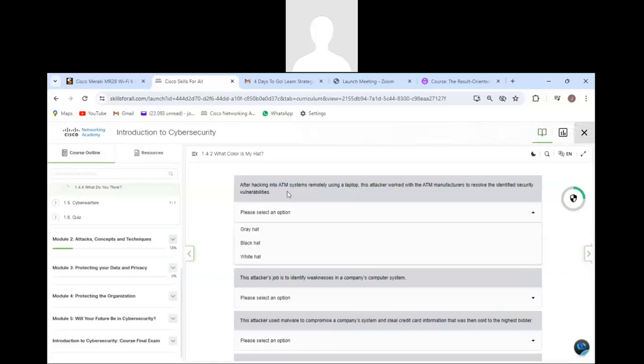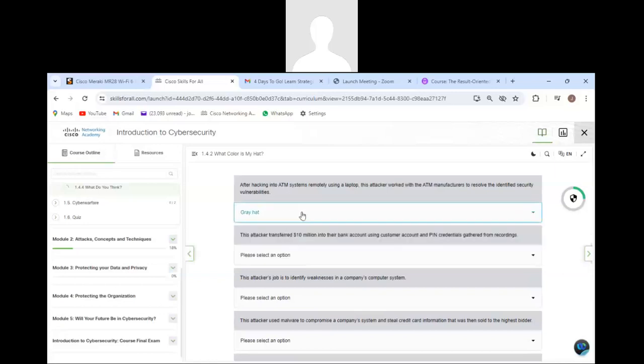You agree with me that this is a gray hat hacker, because after checking the vulnerability, they reported the case to the owner of the ATM and let them know there's a vulnerability. But if the person does it without reporting, then it becomes unethical and a black hat hacker. But all the same, because it was not authorized, he is not a white hat hacker.